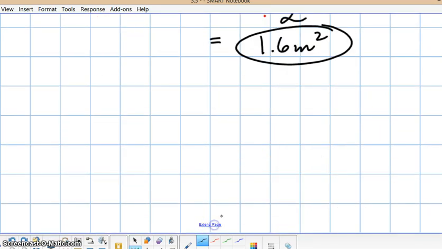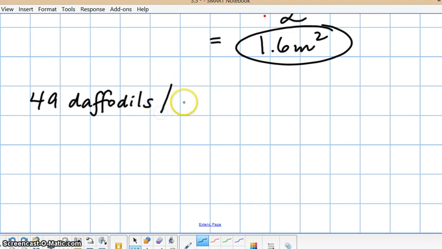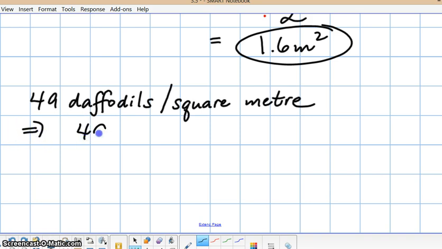So we know that he can only do 49 daffodils per square meter. So in this case, we're going to do the calculation 49 times 1.6 meters squared.